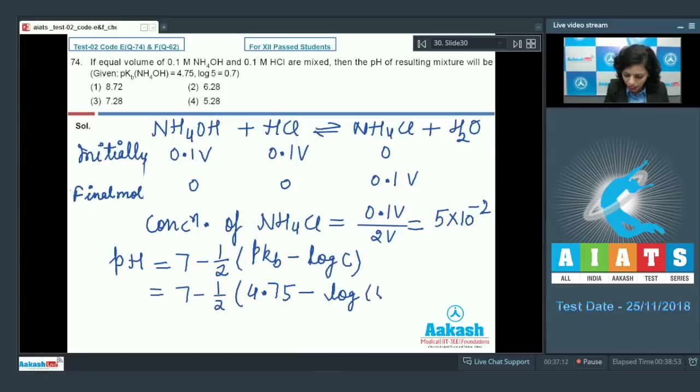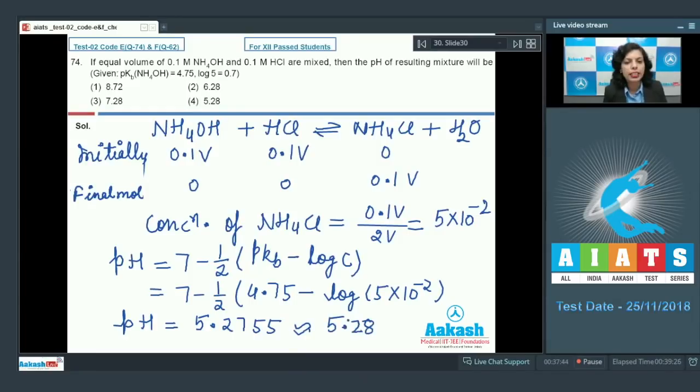That concentration we have just calculated, 5 into 10 to the power minus 2. And if you solve this, you will find the value becomes 5.2755, and that is approximately equal to 5.28. And on the basis of this, I'm just going to choose the fourth option as the correct option.